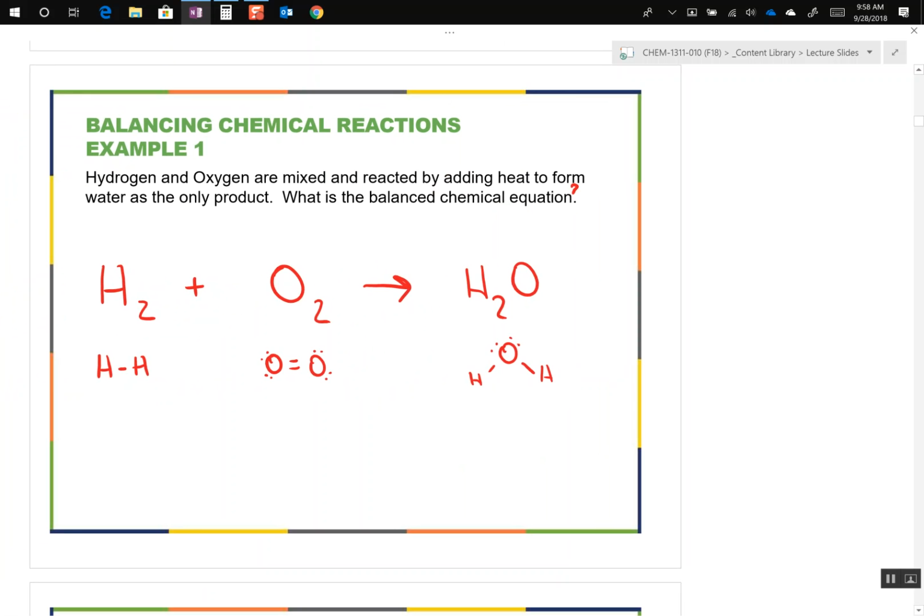So what do I have to do in order to add another oxygen then? I will eventually, but not yet. What do I have to do to get another oxygen over here? What does that represent?